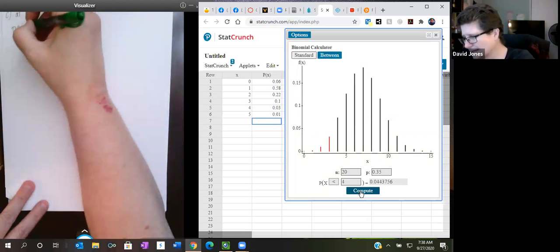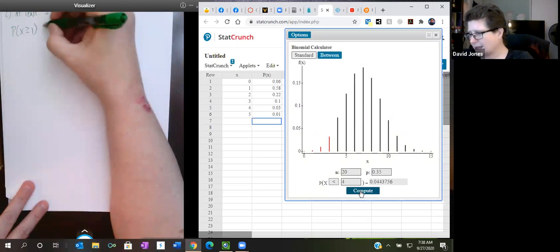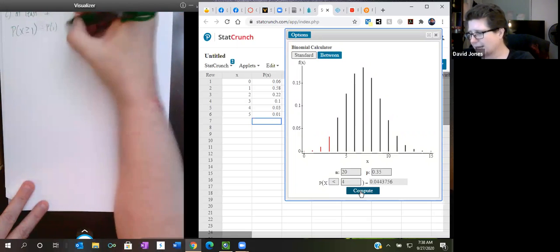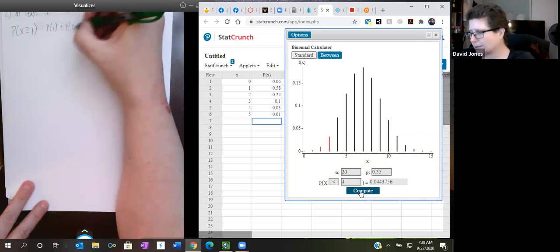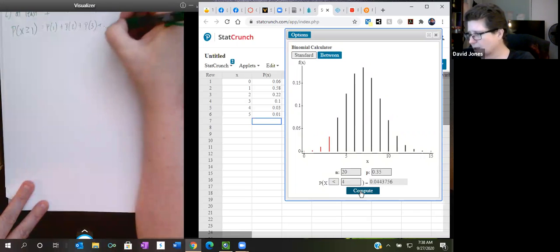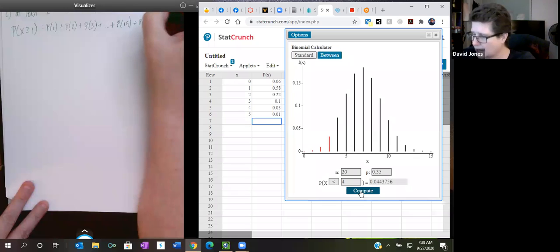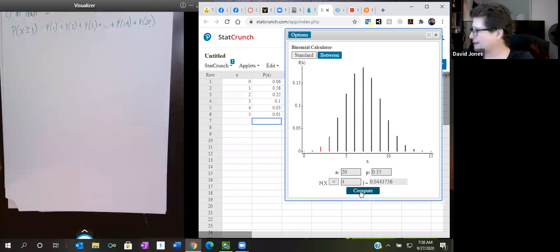That's going to be the symbol x is greater than or equal to 1. And this is literally, if we do it by hand, probability of 1 plus probability 2 plus probability of 3 plus we keep going plus the probability of 19 plus the probability of 20. Oh my goodness, this would be tedious by hand.